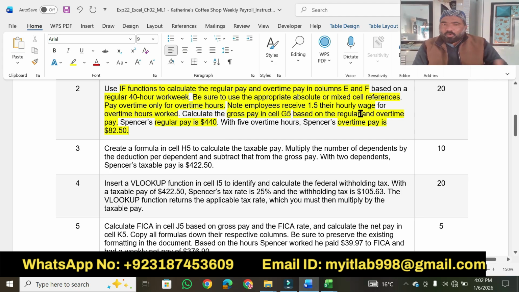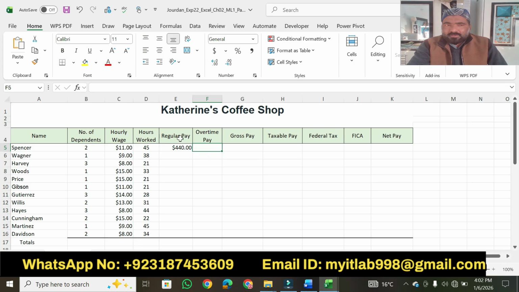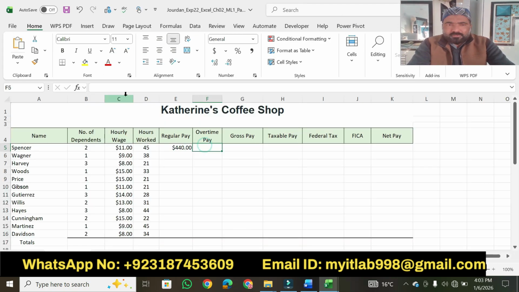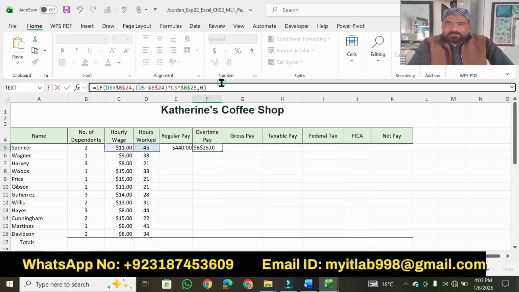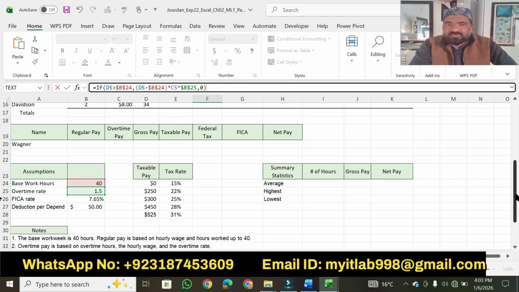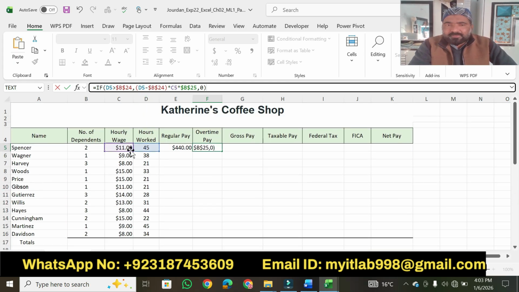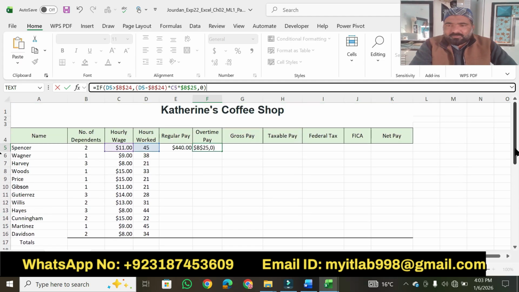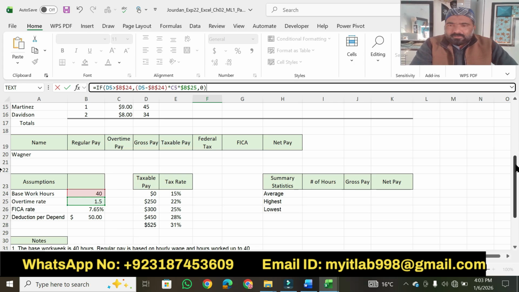Now we have to find the overtime pay, which is in column F. For that we have to use a formula. After reading the instruction, we will use this formula: if D5 is greater than B24, meaning 40 hours, and this condition is true, then D5 minus B24, meaning this minus 40, and multiply by C5 times B25, because B25 is the overtime pay.